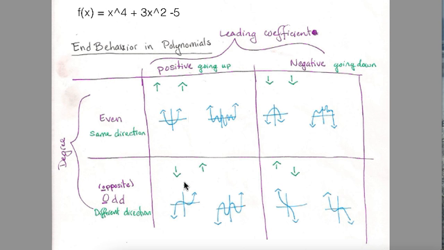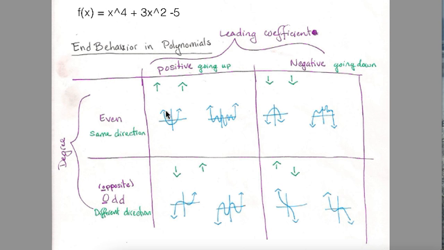Right here, even though they're going in opposite directions, if you read from left to right, the right side will be going up overall, like when you have a straight line and your slope is positive. And then obviously, if the leading coefficient is negative, you have the opposite. It will be going down. So either both sides will be going down, or it'll be going down left to right, like a negative slope, if you will. These blue ones that I have drawn here are just possible examples.